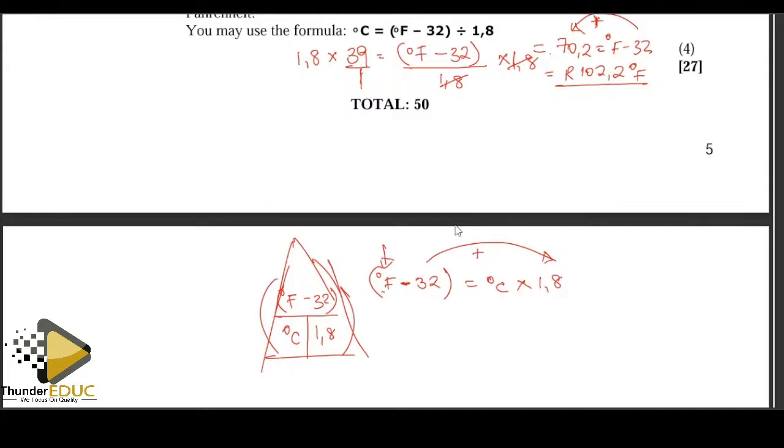So if this one migrates to the right-hand side, we remain with F, which equals Celsius times 1,8 plus 32. So now you're good to go. You've created your formula. Remember they told you this was 39. Now the formula is complete. You still get the same answer as us.